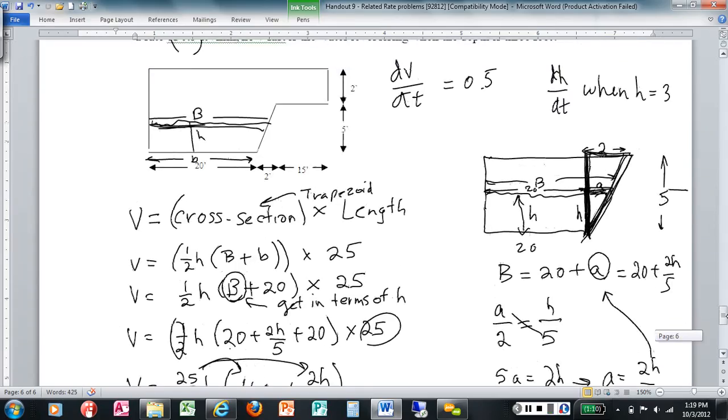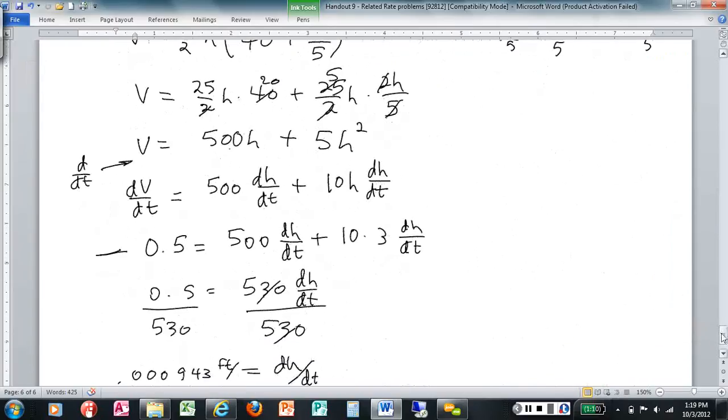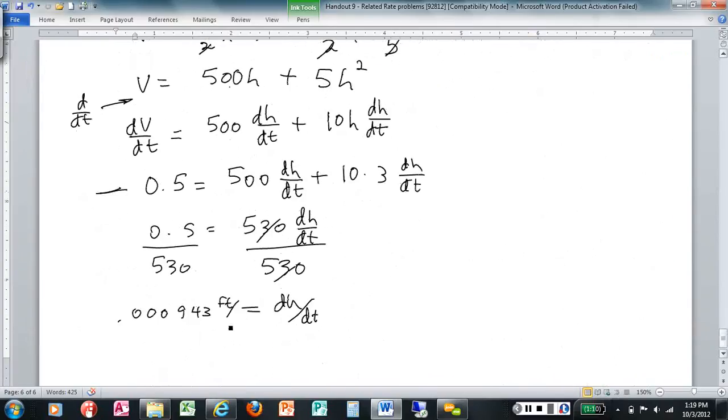Is that the time units? Yeah, feet per minute. So yeah, if you've ever filled a swimming pool, you know it doesn't rise very fast. So it's not even a foot per minute there. It's way less than a foot per minute.